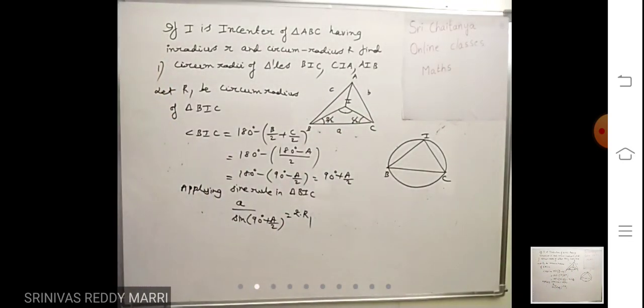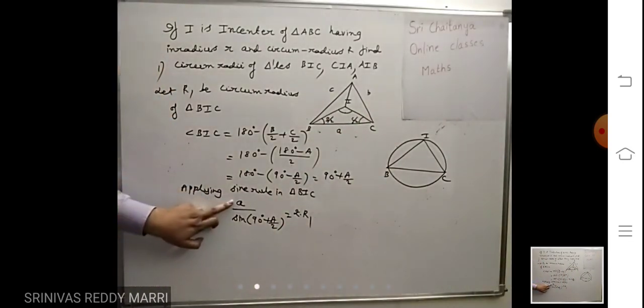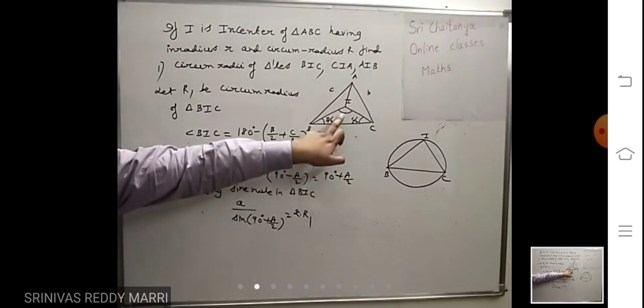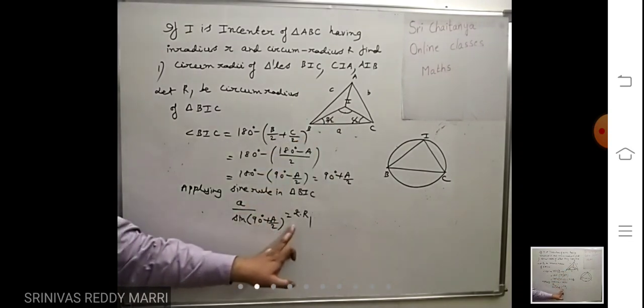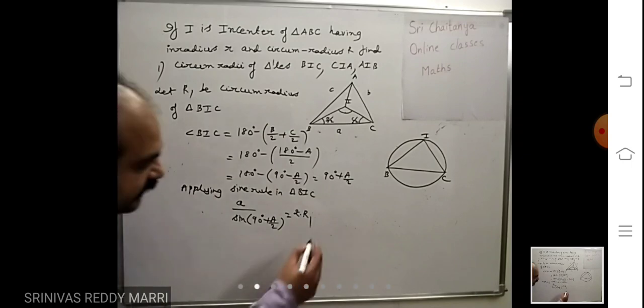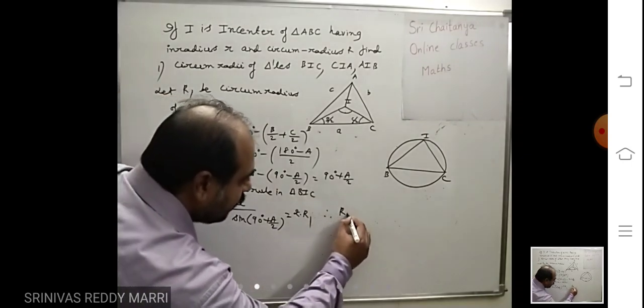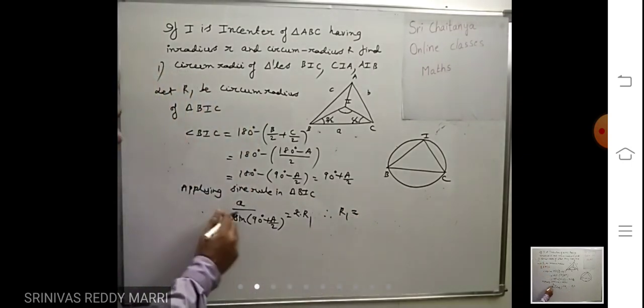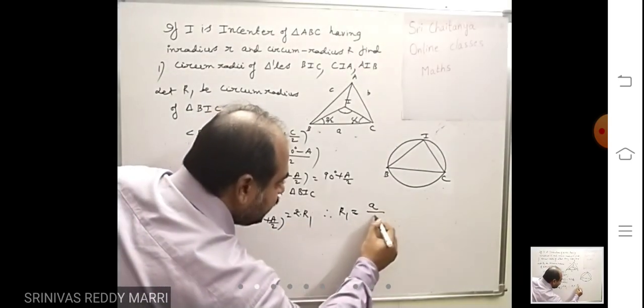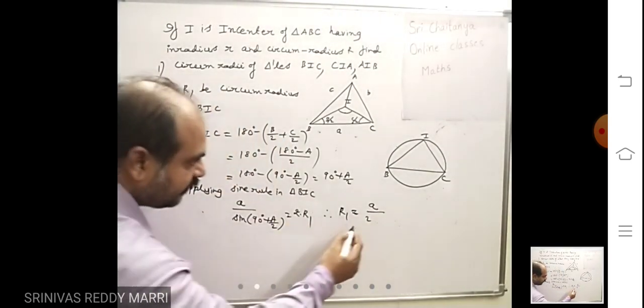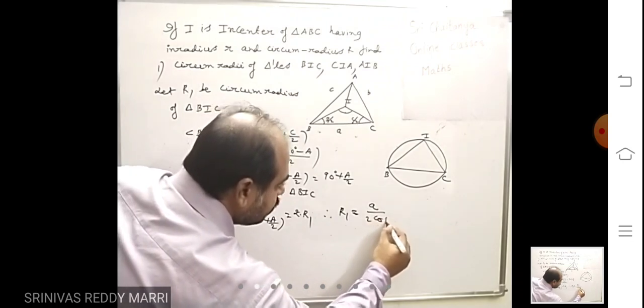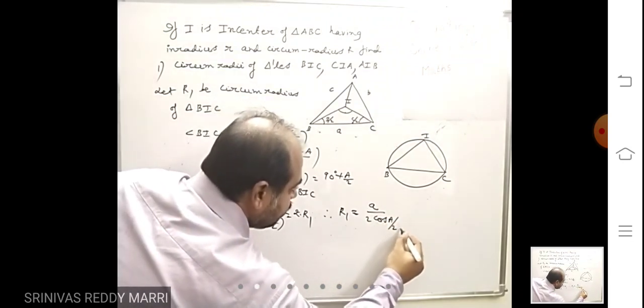Let us say it is R1. So according to the sine rule, A divided by sine of the opposite angle is 2R1. Therefore, R1 is A divided by 2 into cos A by 2.